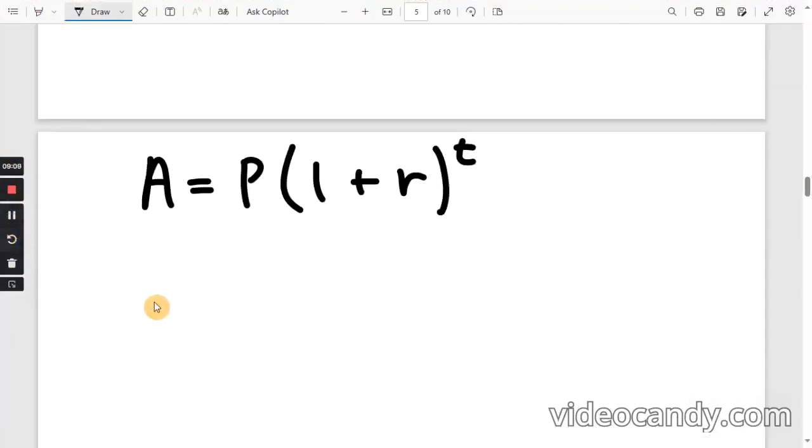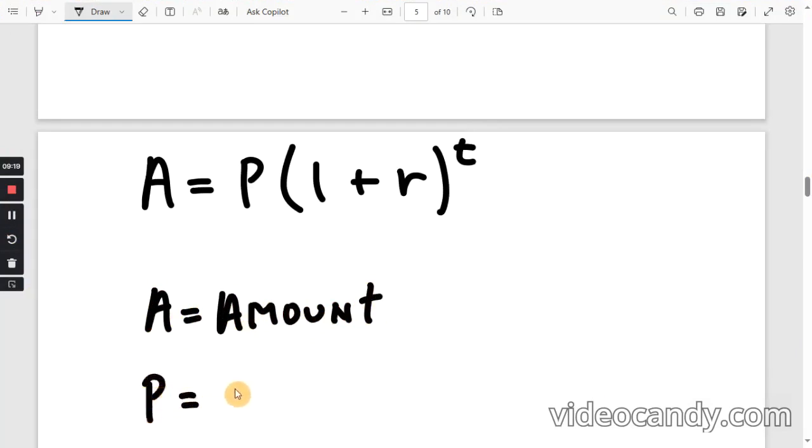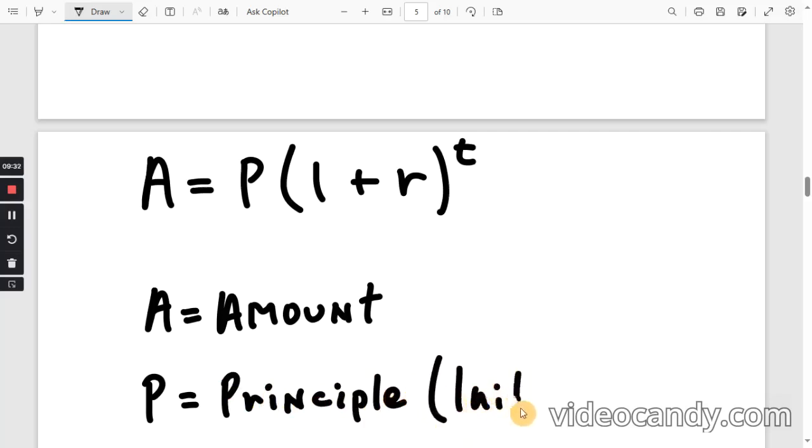All right, so A is the amount or the accumulation, how much money you have in the account. P is the initial investment. It's called P because it's basically the principal amount, so we'll say initial amount.